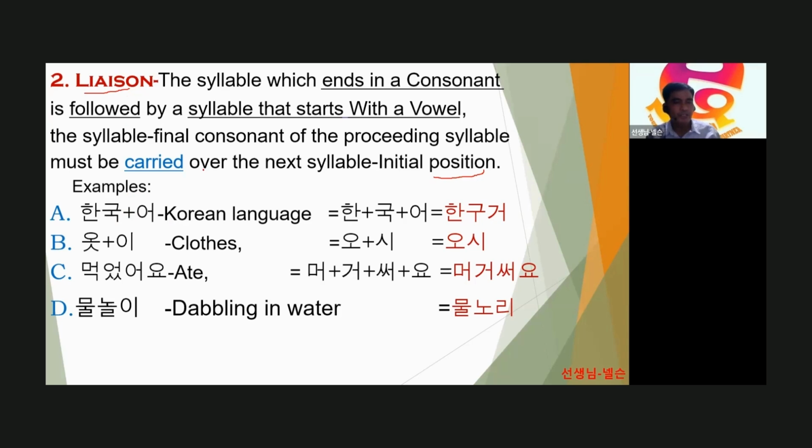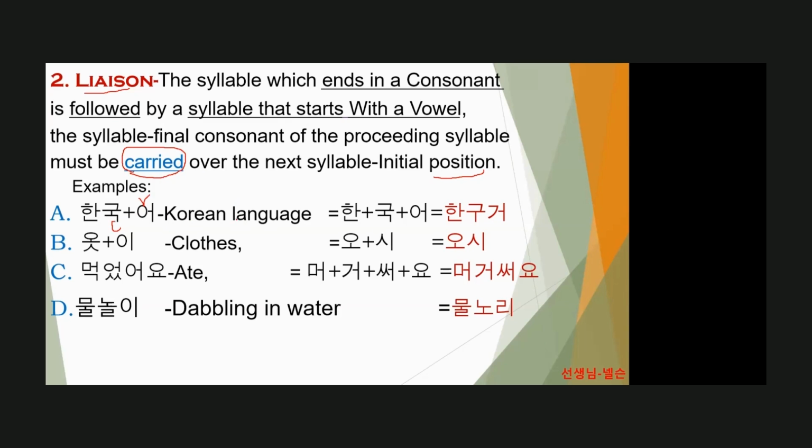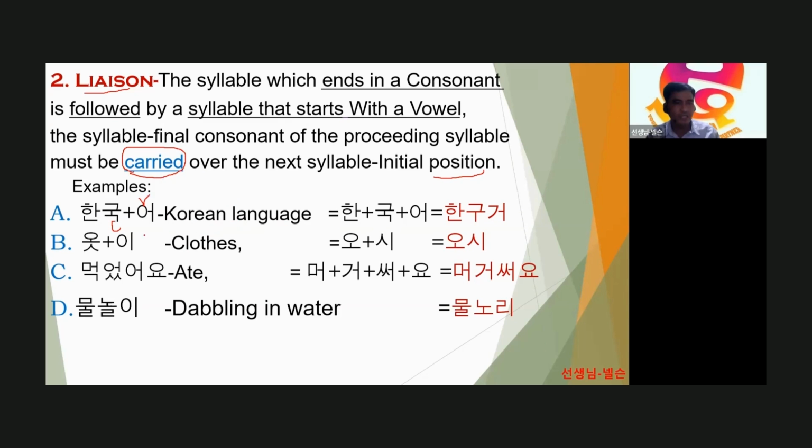So yung pinaka summary: once na mag-meet yung consonant at vowel, even kung saan mang syllable yan, magke-carry over sila. For example, ito Korean language. Pagka Korea lang, Hanguk. Hanguk, Korea, ano siya, nara or country.